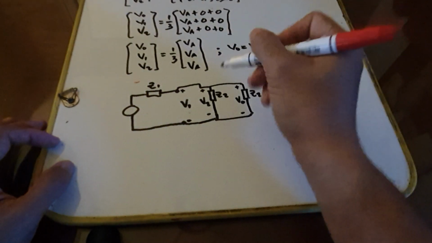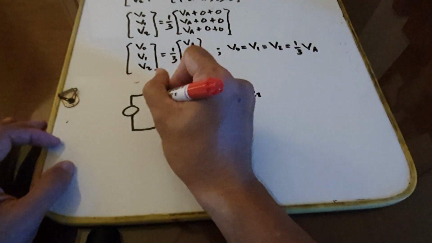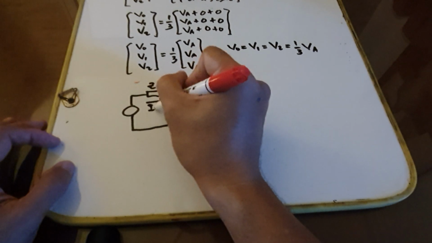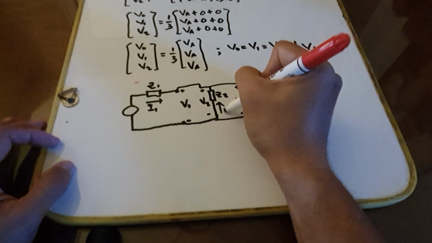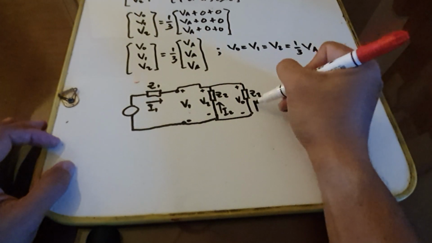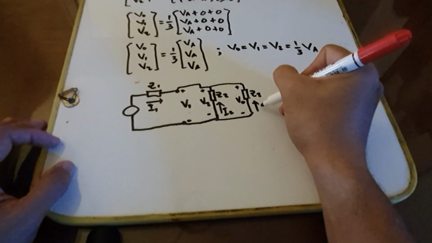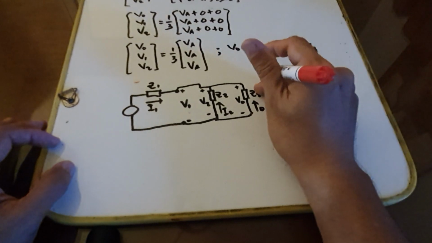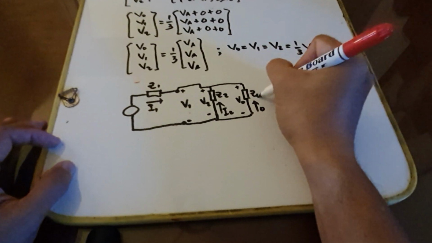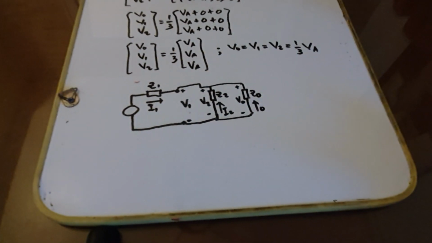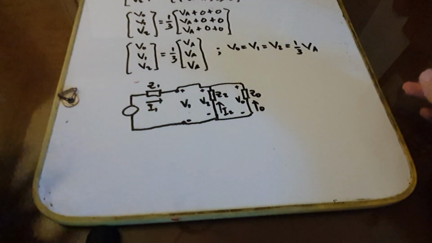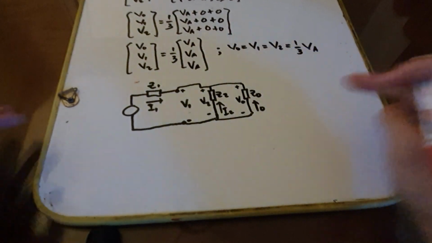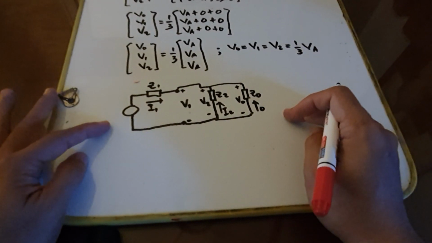So now, this is the current I1, this is I2, and I0. Sorry, this is Z0. So therefore, the interconnection of these three sequence networks is this one.